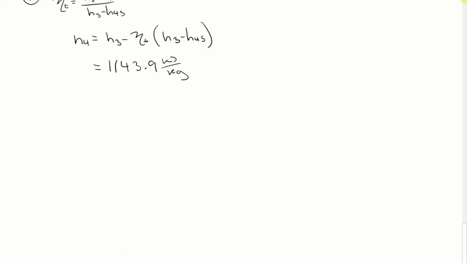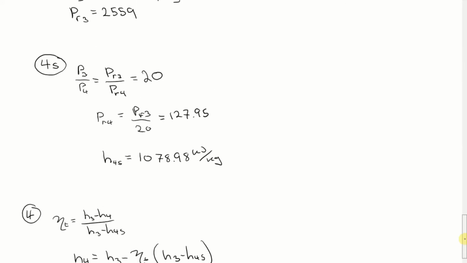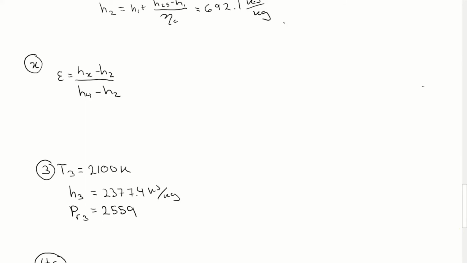Okay, so now that we have state 4, we're going to go back up to state x, which is the one that we couldn't solve before, but now we can because we have state 4. We'll find that hx is equal to the effectiveness of our heat exchanger times (h4 minus h2), and then we add h2 onto it.